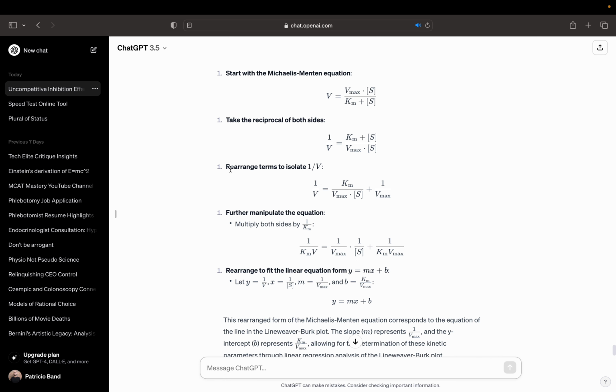What do you mean by isolating 1 over V? It is already isolated. Km over Vmax times 1 over S, plus 1 over Vmax. Multiply both sides by 1 over Km.